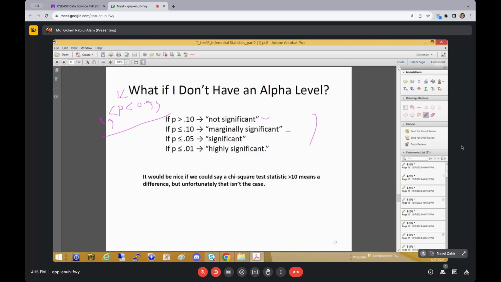Those are significant results. And 0.01 or less means 1% or less than 1% chance that the result is by chance, so it is highly significant.